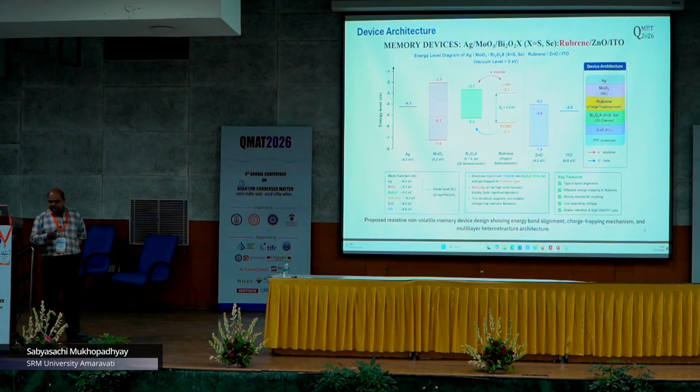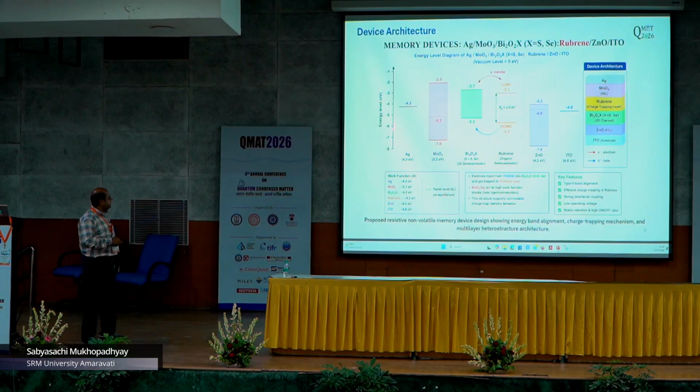So what is our device architecture? As I showed, in our device architecture we start with the ITO, then we have a ZnO, and then we have a rubrene organic semiconductor, or it can be vice versa also, and then a two-dimensional semiconductor, molybdenum oxide, and then silver, because gold is very expensive right now, so we cannot go for gold evaporation.